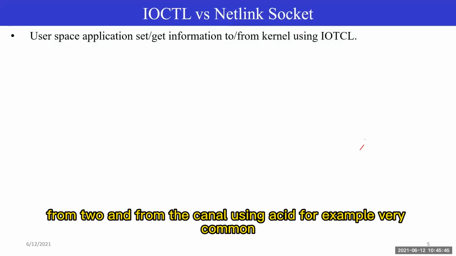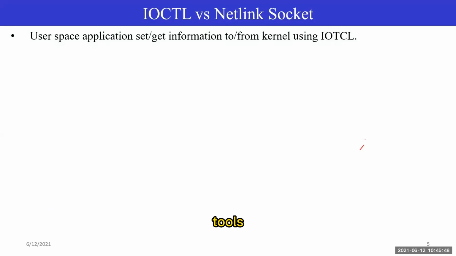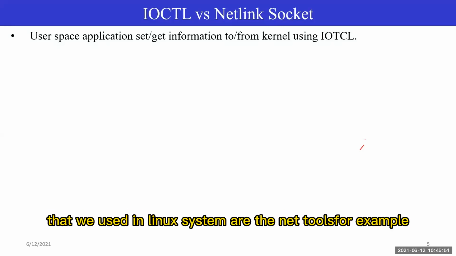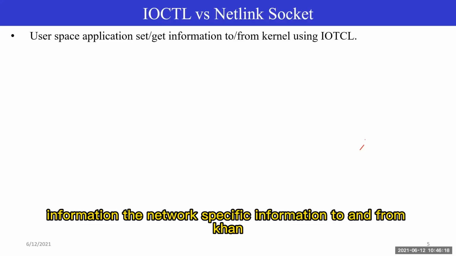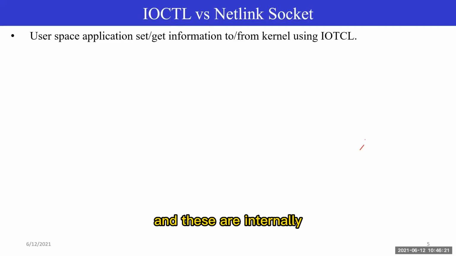For example, very common tools that we use in a Linux system are the net tools: ifconfig, arp, route, hostname, netstat. These are very famous, widely used applications through which you can set or get network-specific information to and from the kernel. And these internally use IOCTL.